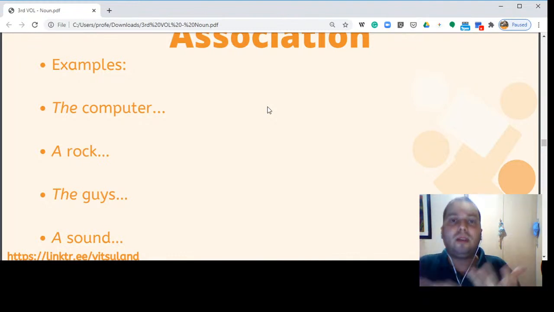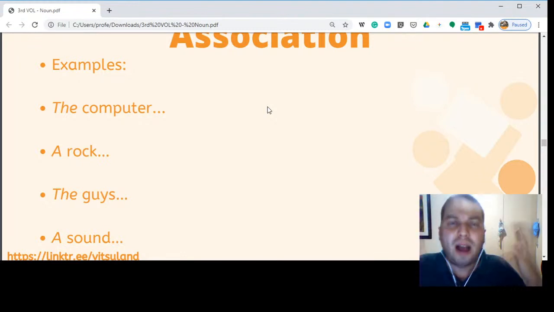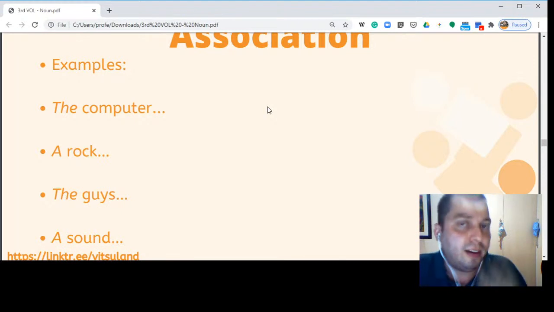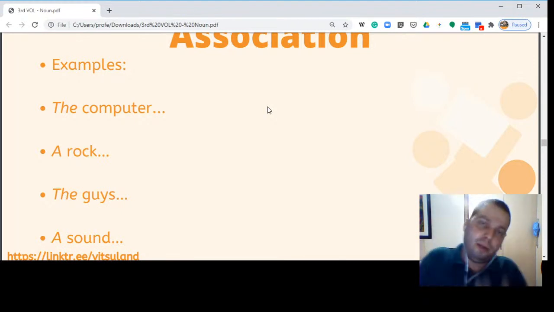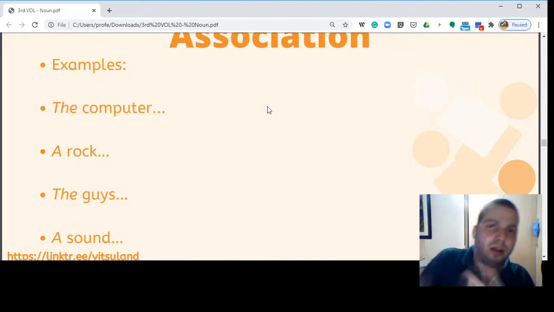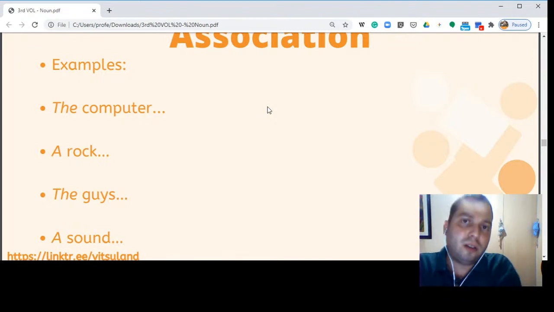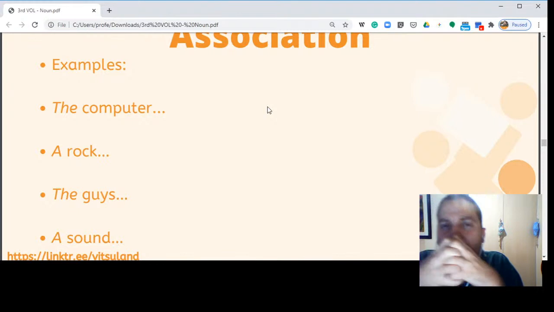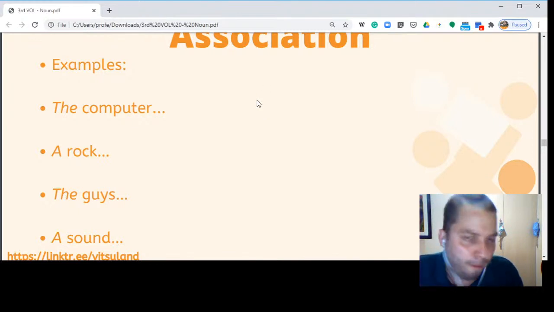We have to consider everything that is surrounding a concept, an idea. So today we're talking about nouns, but of course we're also going to talk about articles and verbs, because they are associated to these nouns, okay?